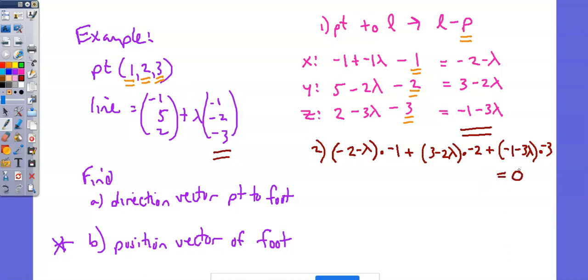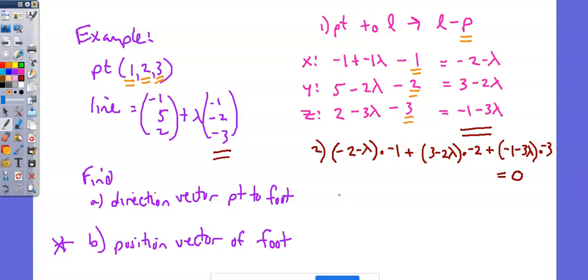Okay, we can simplify the right side of the scalar product equation because a component is multiplied by cosine theta. The angle is 90 degrees because it's perpendicular. Cosine 90 is 0. Whatever we multiply by 0 results in 0. So simplifying now, we want to solve for lambda.